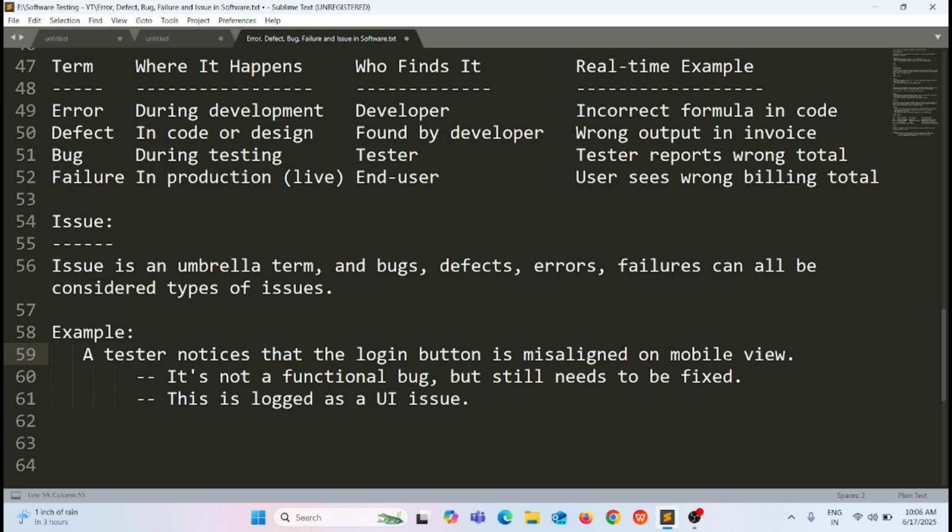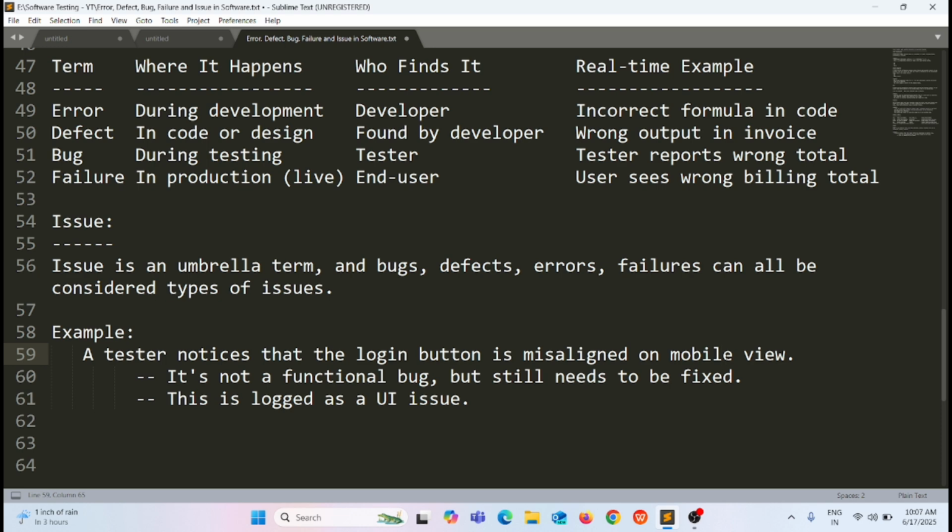So there is some problem. This is not a functional bug. The functionality is working, but the alignment is wrong. And obviously, if the alignment is wrong, the look and feel will not be good, so we need to fix that.